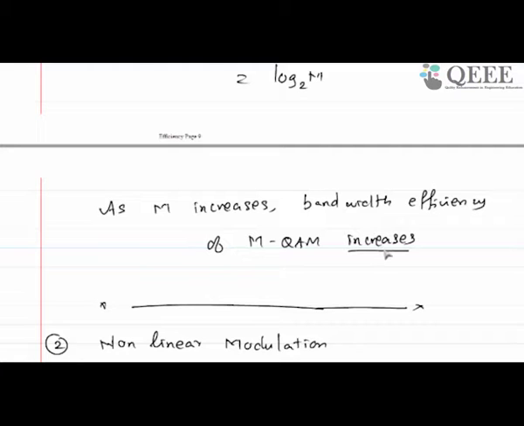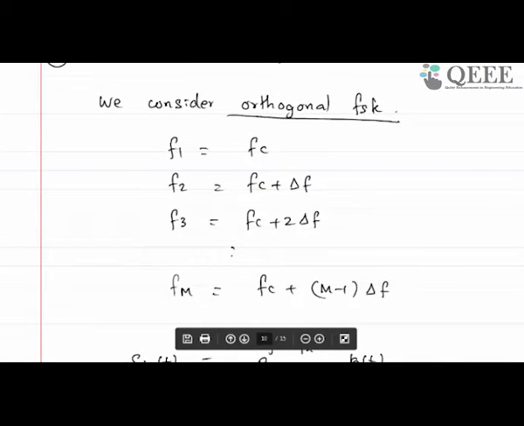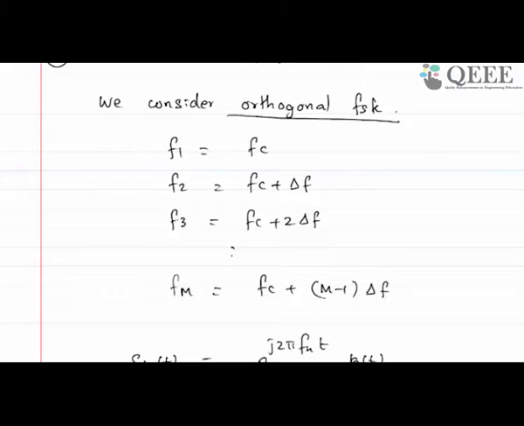Now let us go and see what FSK is doing. Let us see what frequency shift keying does in terms of power efficiency and bandwidth efficiency. Of course, we choose orthogonal frequencies so that you can differentiate these frequencies over a symbol duration of T seconds.